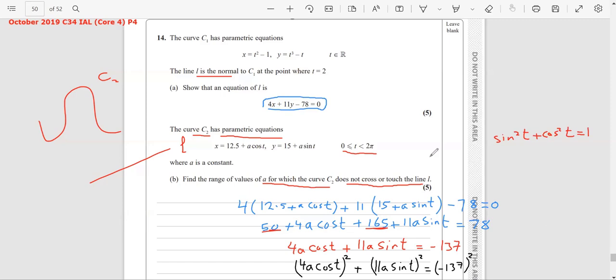Let's continue on this side. We're working on this identity, so now this value will be 16a squared cosine squared t added to 121a squared sine squared t, and it gives 137 squared.